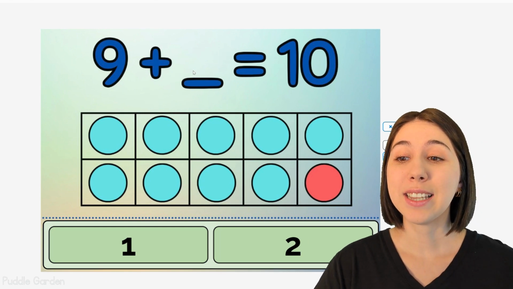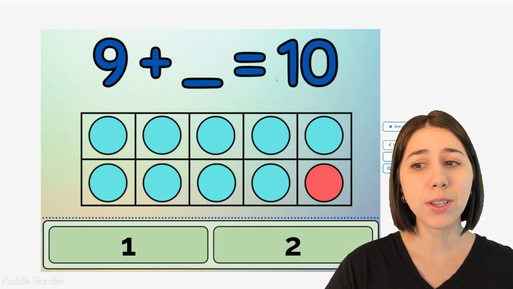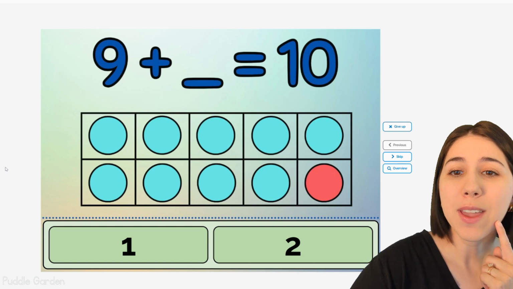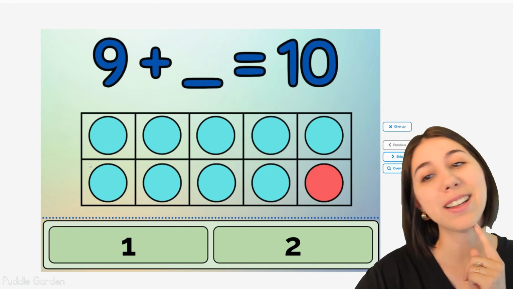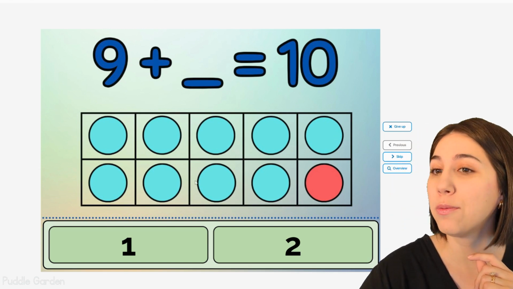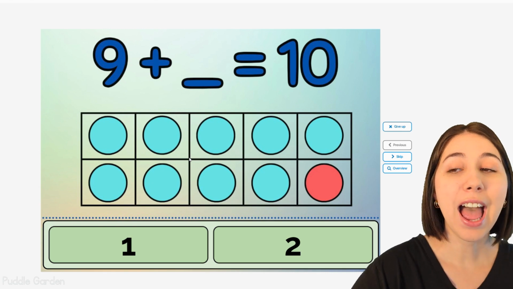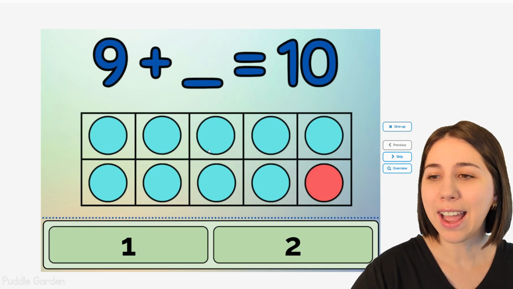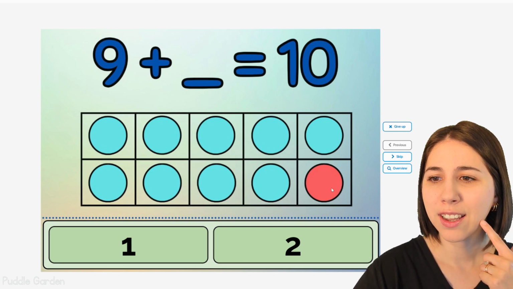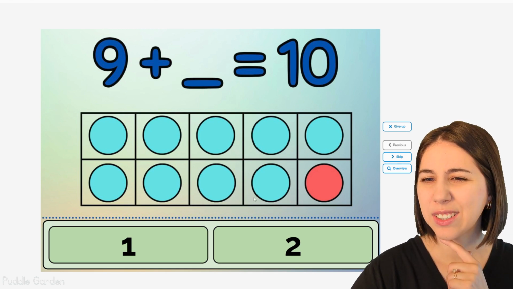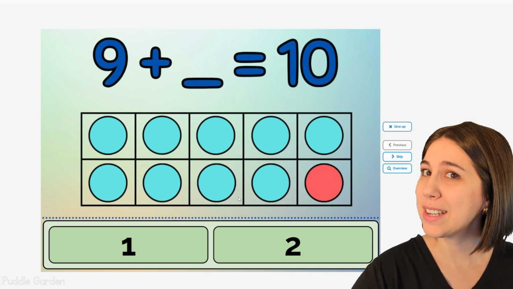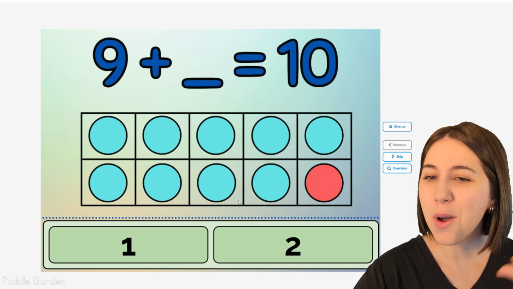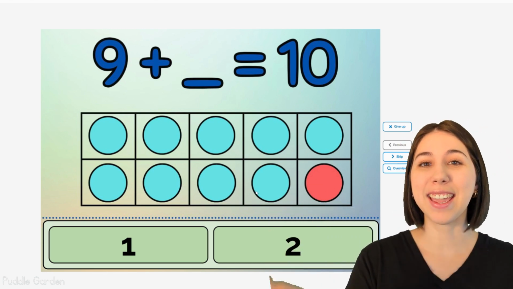9 plus blank equals 10. If we have 9 blue dots, we've got 9 whole blue dots. And I need to get to 10. How many do I need to add? I see a dot here. Do I see any more red dots? Do you see any more red dots? No. How many red dots do we see?